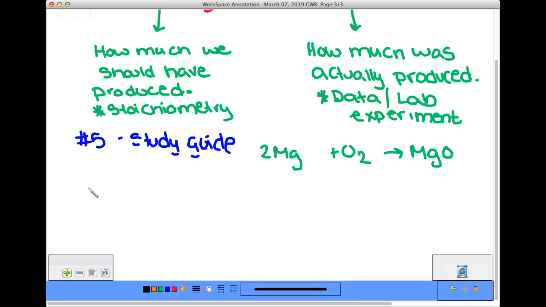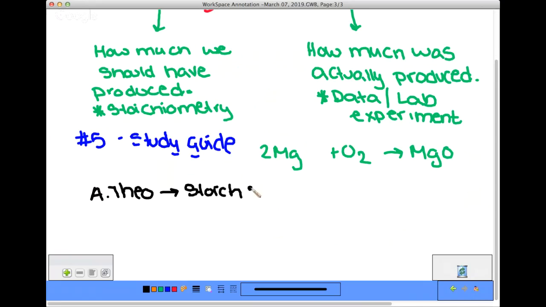To start, let's begin with our theoretical yield. Our theoretical yield is going to use stoichiometry, and you're going to start with how much magnesium you burned.